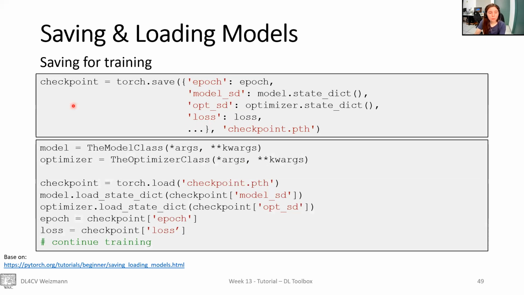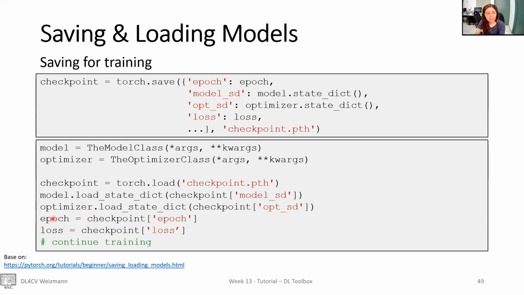Then later, when we want to load it in order to continue training, all we have to do is explicitly state the model class and the optimizer class. Then we load the entire checkpoint. We load the state dictionary for the model and for the optimizer from the checkpoint, so you see we address the respective keys.